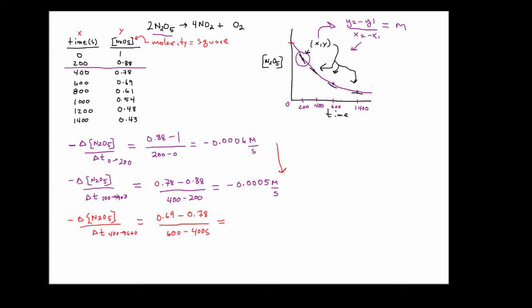So you can see the denominator in each case, the delta T, is 200, and this will be 0.00045, and the rate is 45, and that again is molarity per second. And we see that again the rate is decreasing, it's doing what it's supposed to be doing.